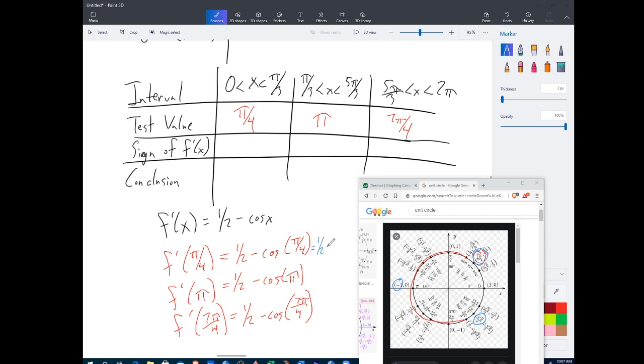So we get 1/2 minus square root of 2 over 2. 1/2 minus a negative 1. And 1/2 minus another square root of 2 over 2. You see where I'm getting those?